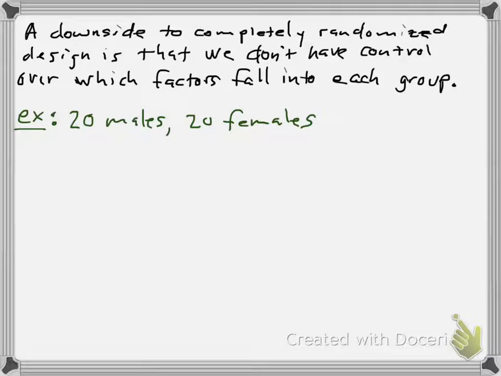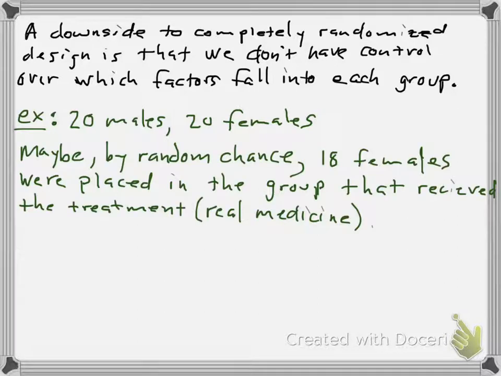As I said, if we did have 20 males and 20 females, by random process, maybe 18 of the females were placed in one group that received the real treatment, and only 2 females received the placebo. So now if you did measure an effect between the two groups, again, this could have happened by random chance.